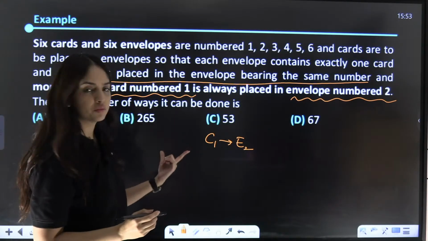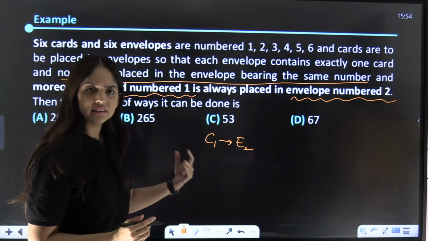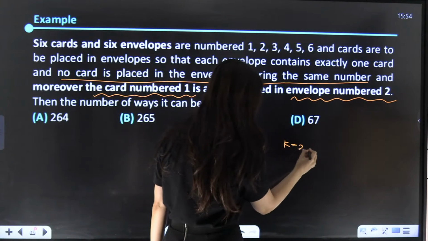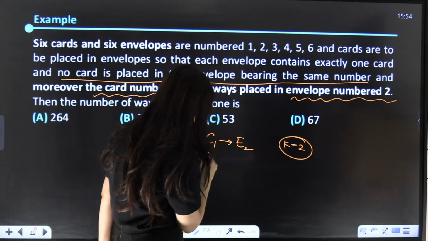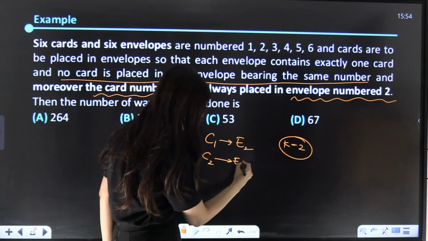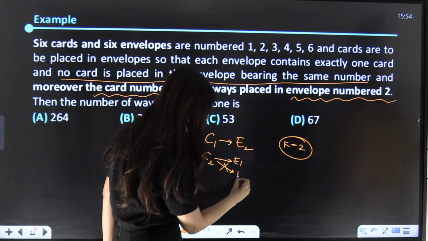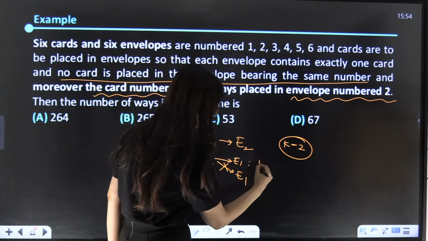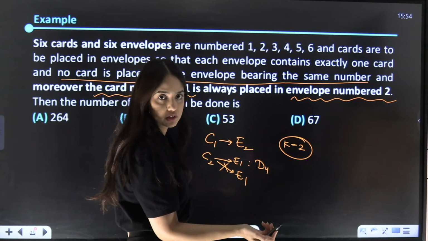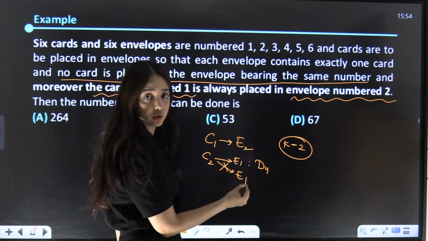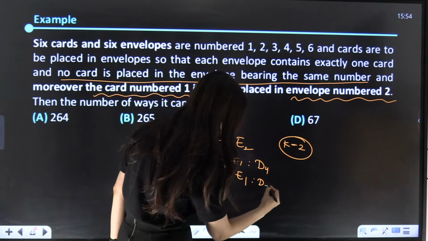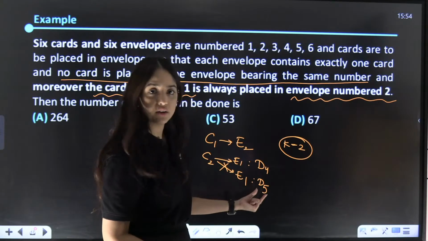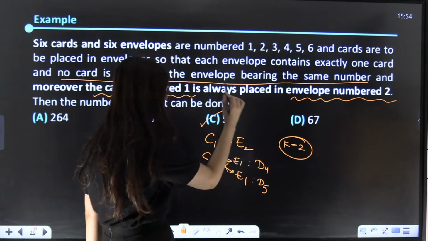Total number of ways of doing this. We did something very similar just now. Now K is 2. So now C2 can either go to E1 or it cannot go to E1. For C2 going to E1, this is D4, D(n minus 2). If it cannot go to E1, then it is D(n minus 1). So D4 plus D5, that is 9 plus 44, that is 53.